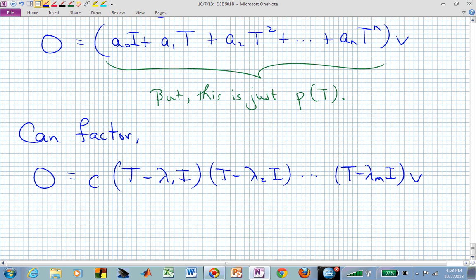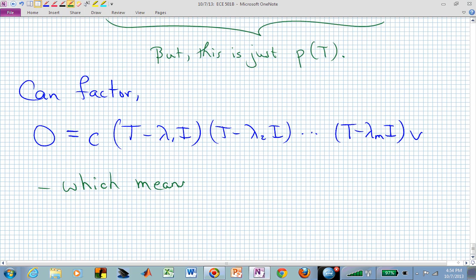That right-hand side now is equal to 0. Can we say anything about what's happening on the right-hand side? You could think of those as, let's say, matrices. And now I have these matrices, and these actually commute. If I want to, I could slide these around and not mess anything up. And I could slide T minus lambda sub j I over here next to v.